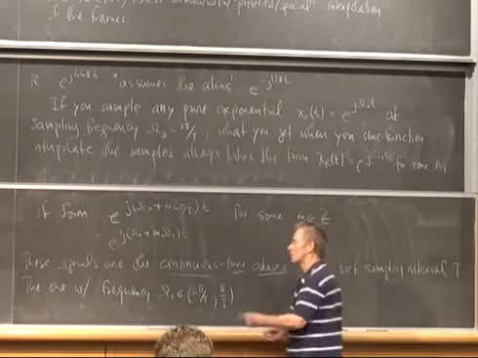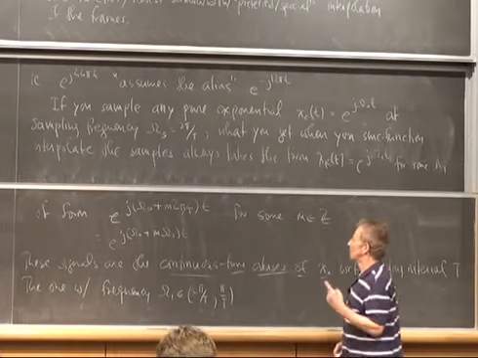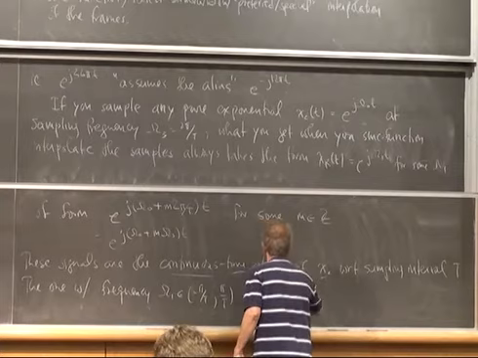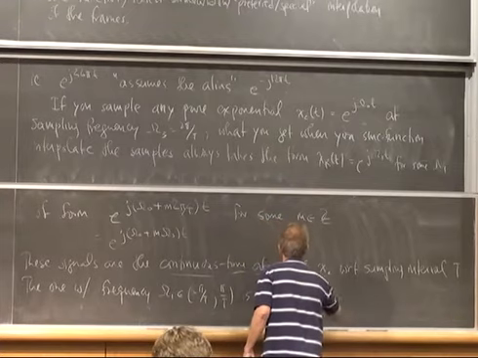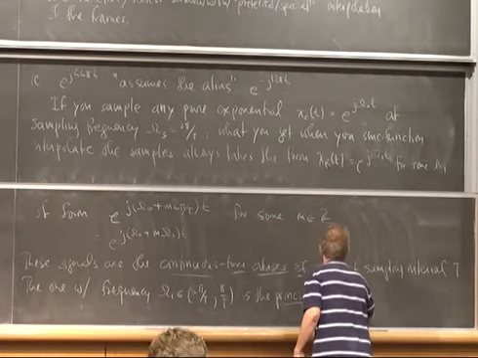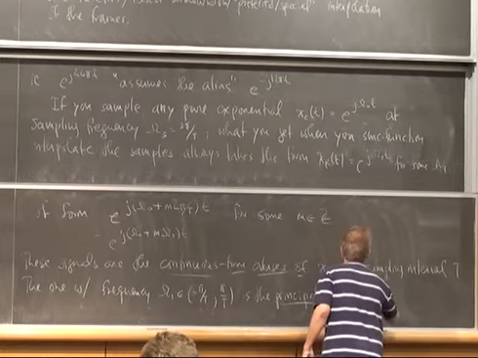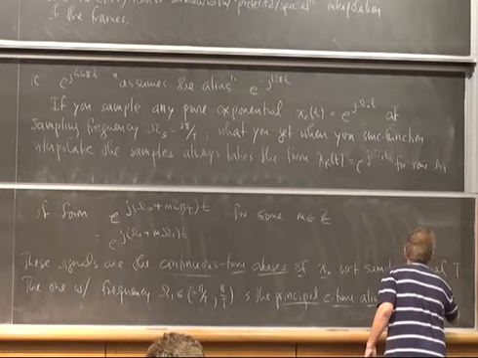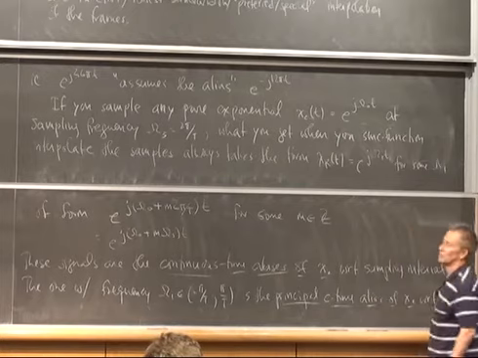It has to be in the open interval, the boundary case is out. The one with frequency omega 1 in there is called the principal continuous time alias of x sub c with respect to the sampling interval T.